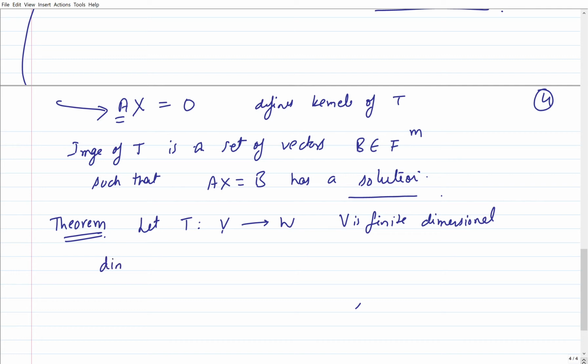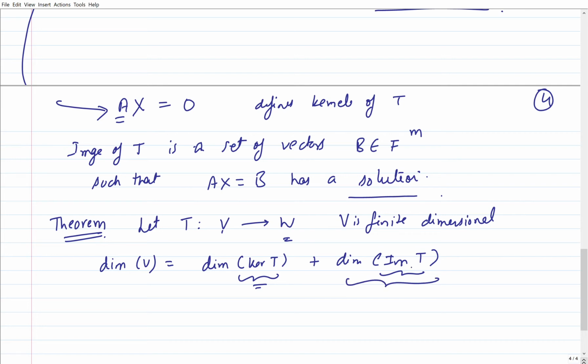Then the dimension of the vector space V is the dimension of the kernel of T, which was a subspace of the original vector space V, plus the dimension of the image of T, which was the subspace of W. The dimension of the image of T is usually known as the rank.